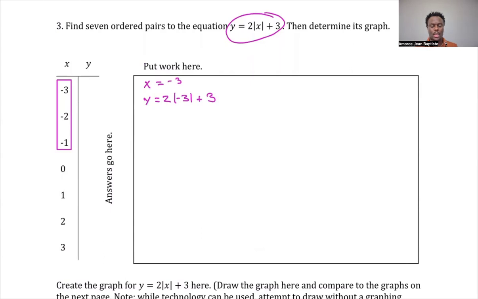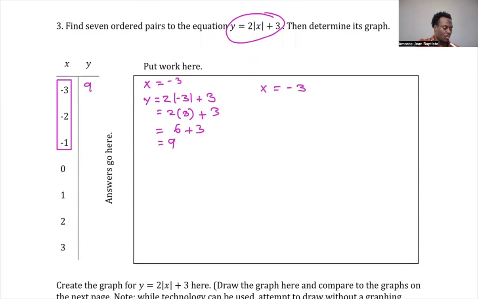So y equals 2 times the absolute value of negative 3, which is the opposite of negative 3, which is positive 3, plus 3. So that is 2 times 3 is 6, plus 3 equals 9. So that's 9 for x equals negative 3.